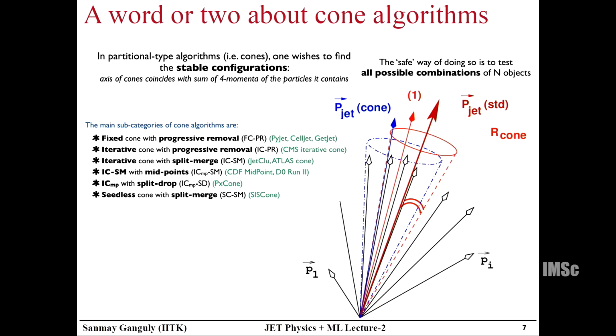There were issues with infrared collinear safety, but nonetheless many of them were proposed in the market. If you want to go back and look into the details you can, but in these lectures I won't spend more time on them, because in modern day none of these are actually used for measurements. Okay.